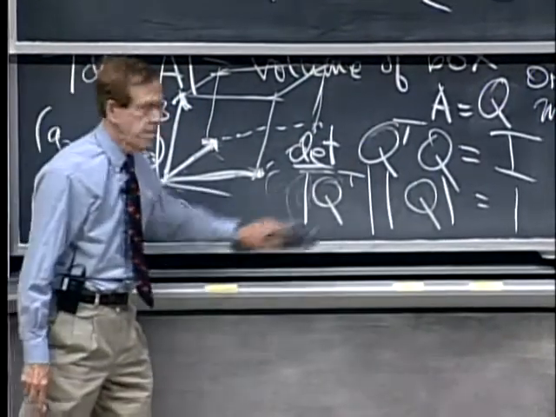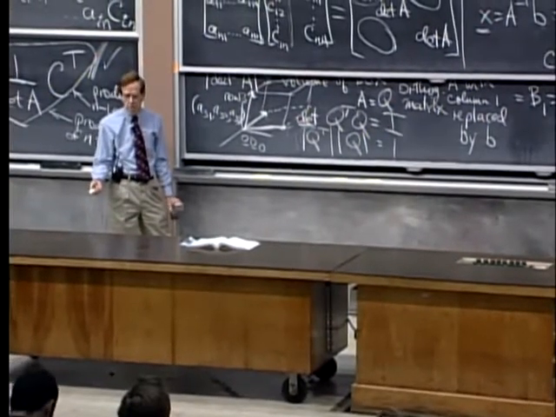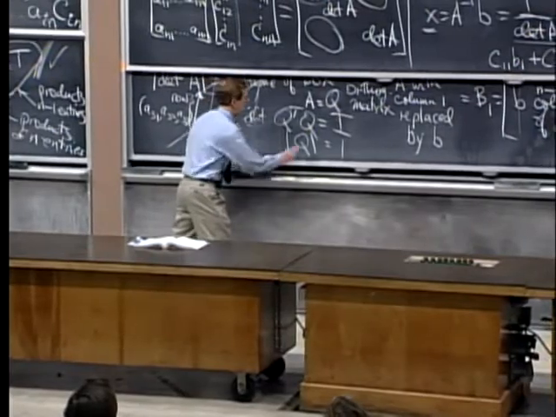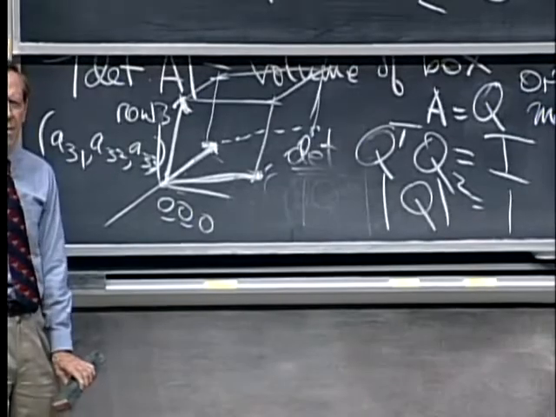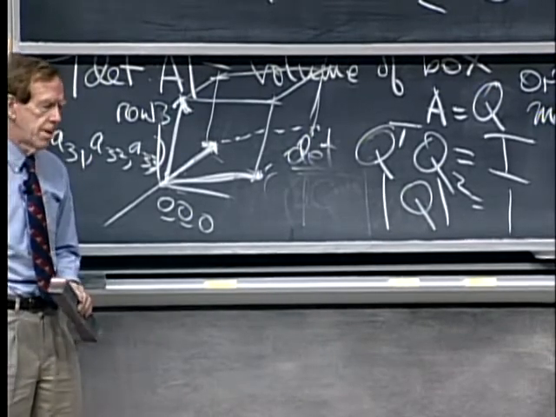And then what's the determinant of Q transpose? It's the same as the determinant of Q. Rule 10 pays off. So this is just this thing squared. So that determinant squared is 1, and sure enough, it's 1 or minus 1. Great.